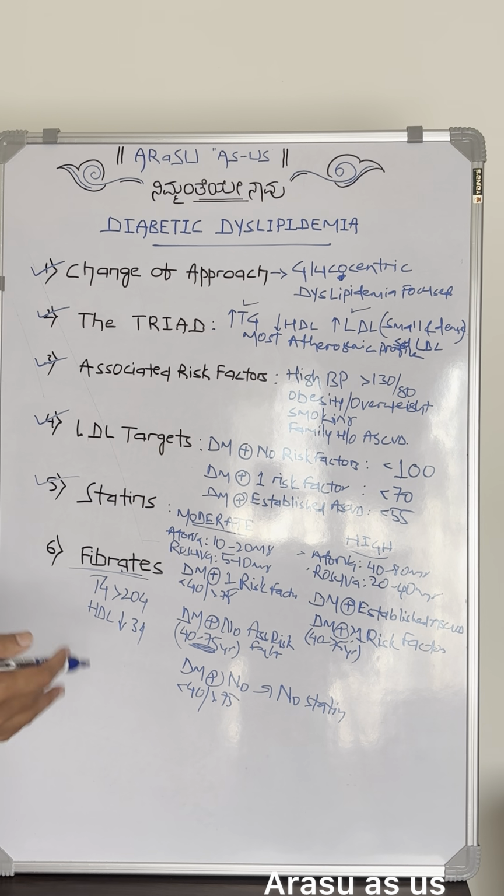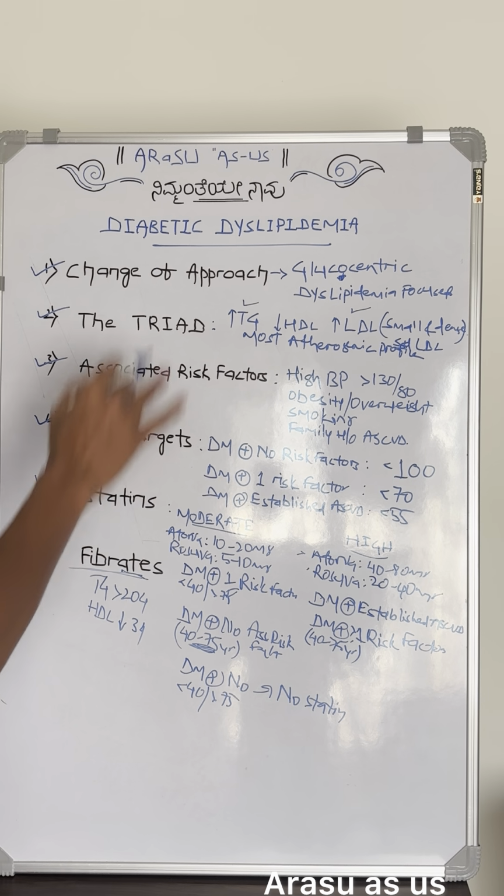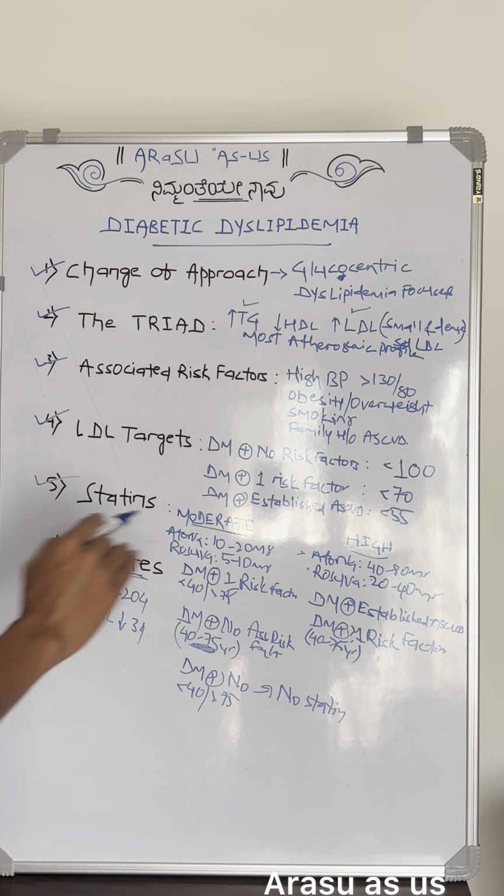Many a time we will see triglycerides of about 170, and practitioners will be in a hurry to add fibrates to the statins, or sometimes even consider only fibrate therapy. That is wrong, because fibrates themselves will not help much in diabetic dyslipidemia. This point has to be kept in mind.